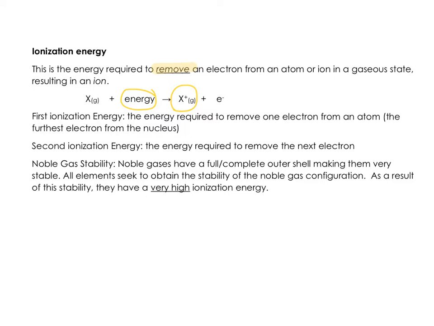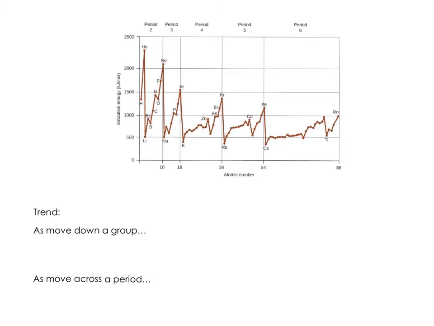So all elements want to have the same configuration as the noble gases, a full outer shell. So we should see, because they're so stable, that they have a very high ionization energy. And here's the graph of ionization energy versus atomic number.